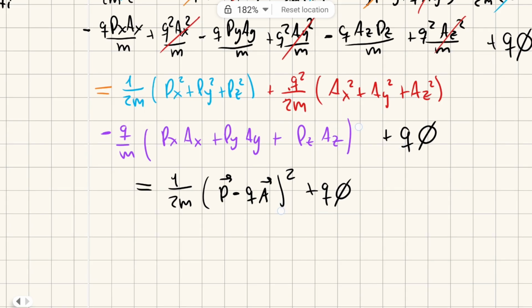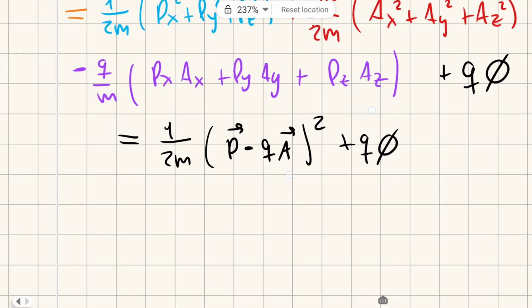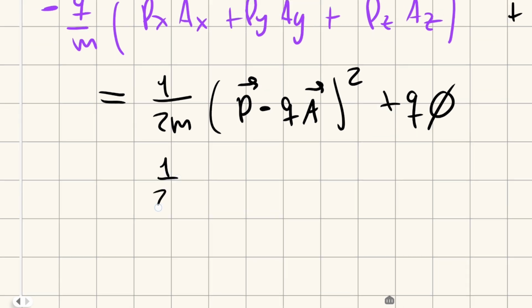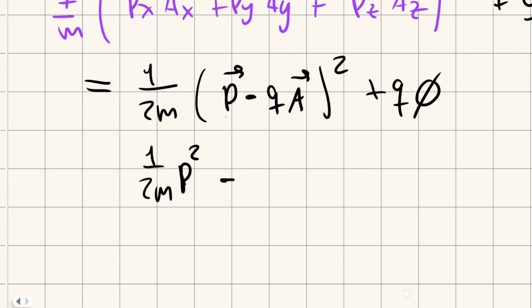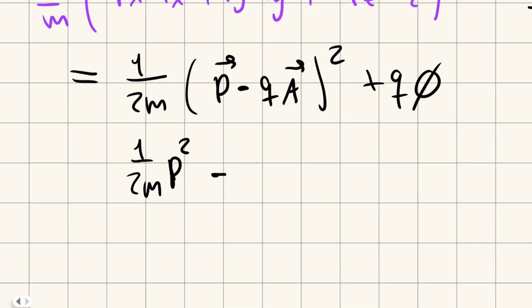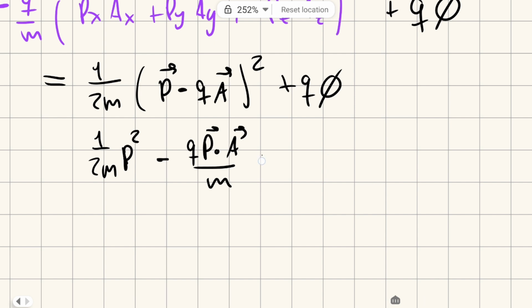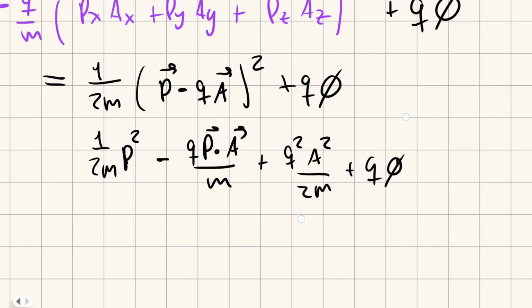Okay, perfect. Because if we square this, we will get 1 divided by 2m p squared, right? And then minus 2 times this, and then divided by 2m, we will get qp dot A divided by m, and then plus q squared A squared divided by 2m plus q phi.